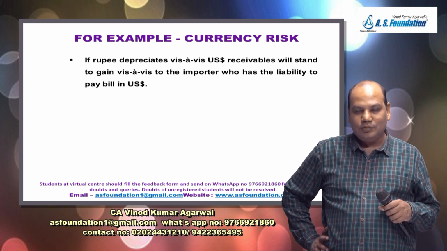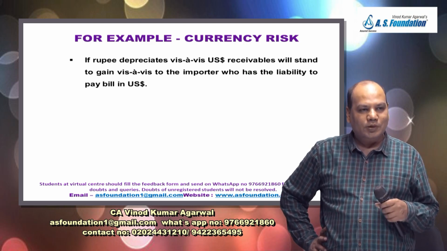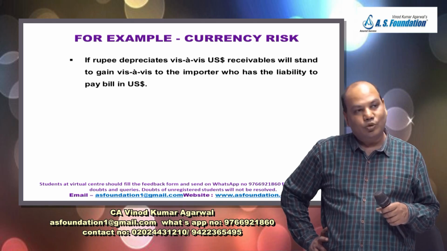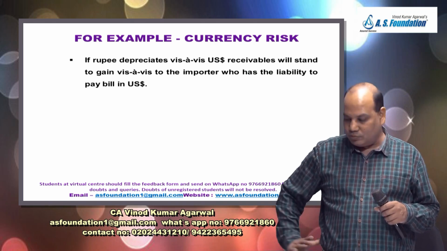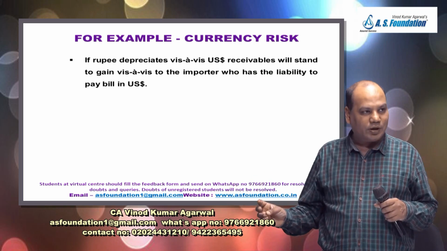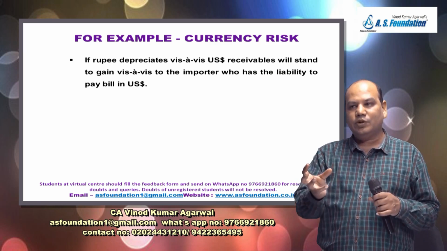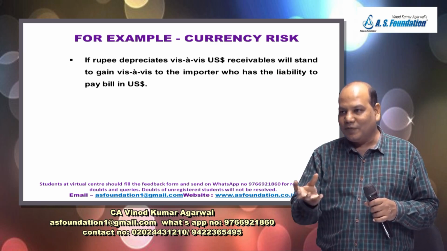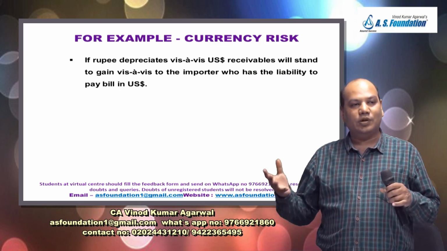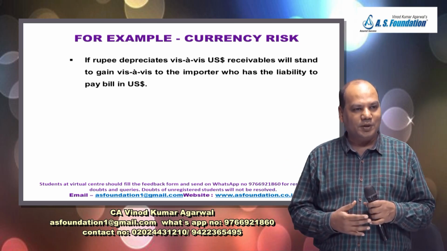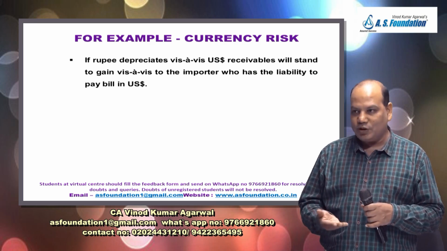More outflow. If you're a borrower, exchange rate goes up, more interest outflow and more repayment of principal, which is the problem with many Indian companies right now. When they borrowed money 10 years ago, exchange rate was 50, 45, now it is 70. So 25-30 rupees extra they are paying because of the exchange fluctuation.